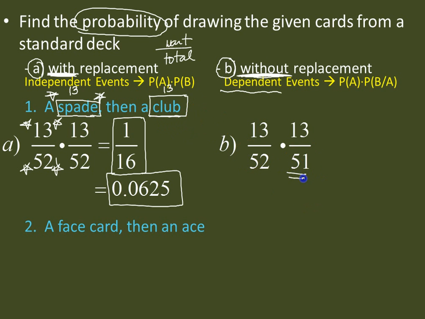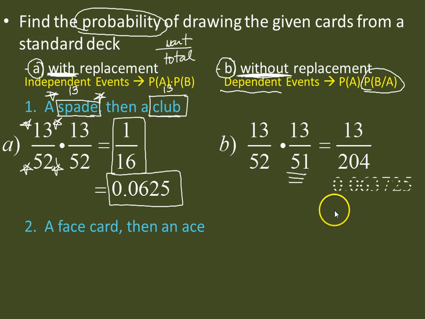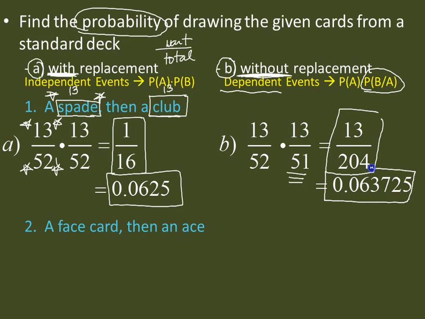Now there's only 51. And again, that's that conditional probability. There's 13 clubs, but only 51 cards in the deck because I kept the spade that I had. So 13 over 52 times 13 over 51 gives you 13 over 204 when it's reduced, or 0.063725.